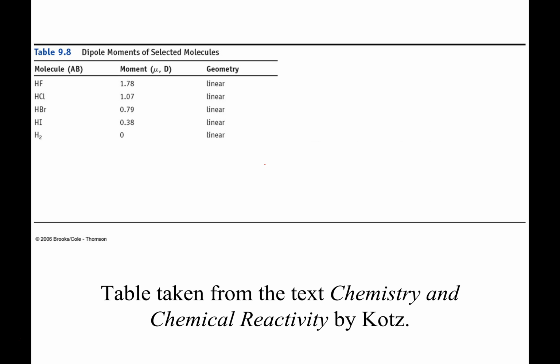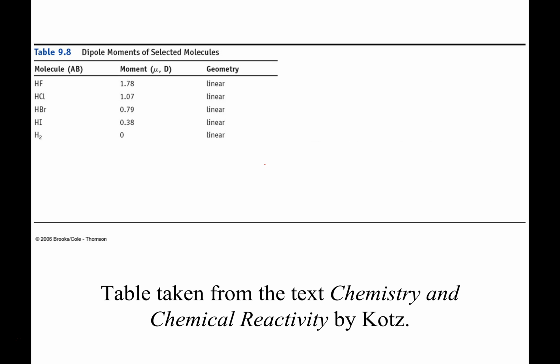If we have 1A and 1B joining together, if the two things are different atoms, by golly, you're going to have different electronegativities. You're going to have a net dipole moment, right? So these guys are definitely polar. Why isn't H2 polar? Because it's the same atom joined to the same atom.